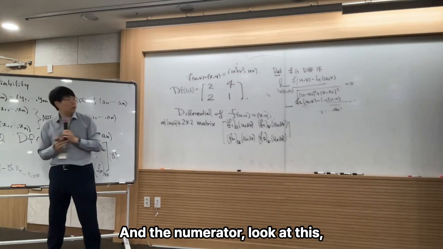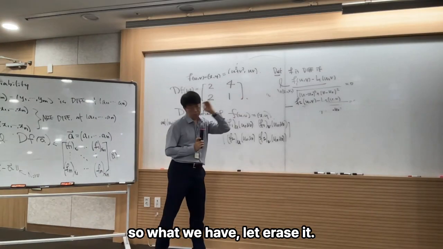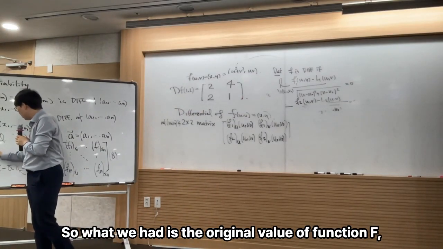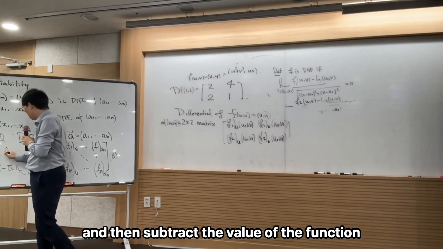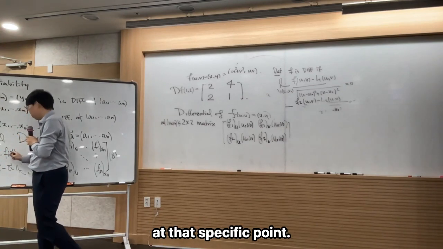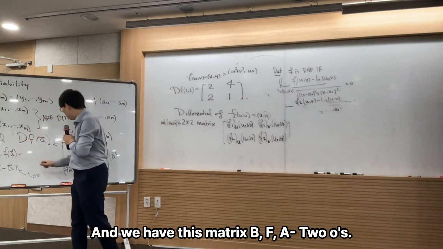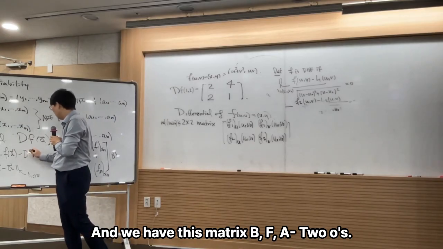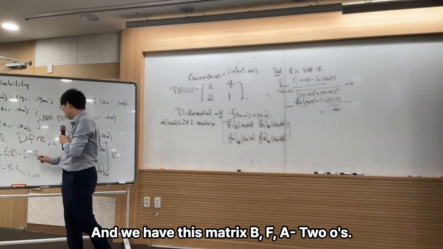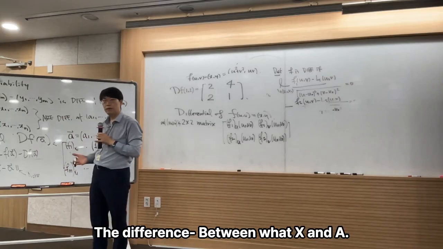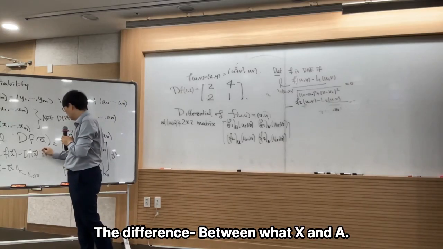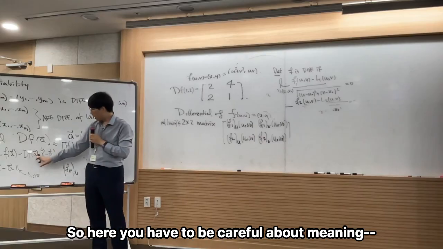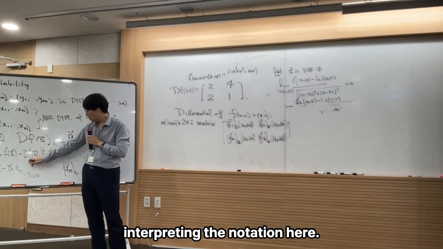And the numerator, look at this. What we had, we erased it. So what we had is the original value of function f, and then we subtract the value of the function at that specific point. And we have this matrix, the differential of f at A, times what? The difference between x and A. So here, you have to be careful about interpreting the notation.